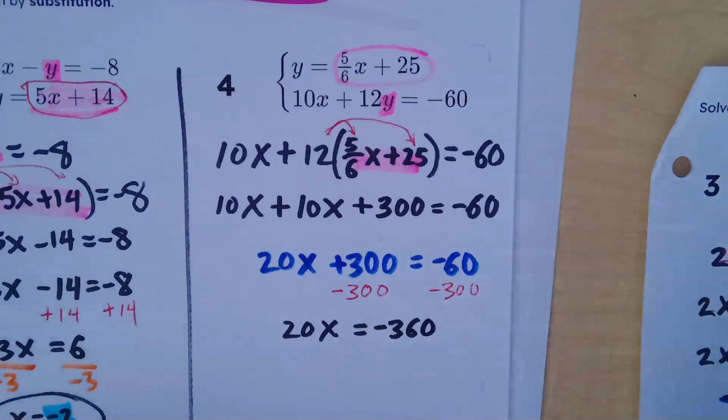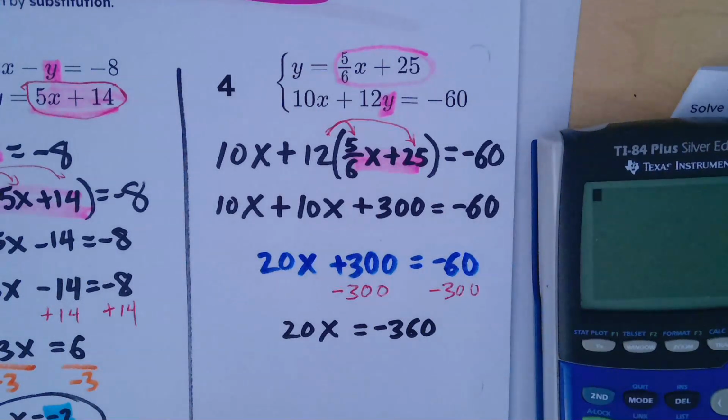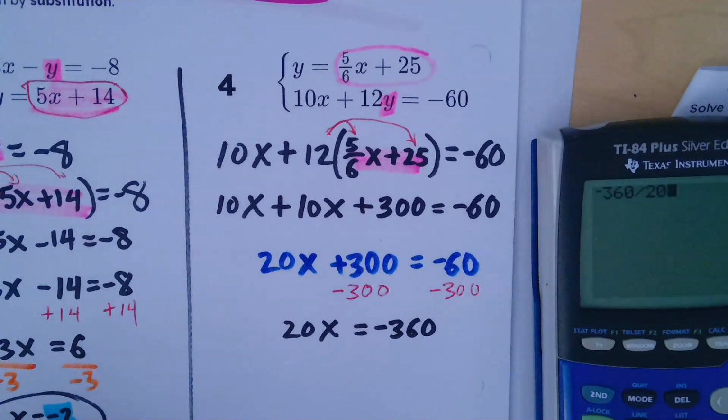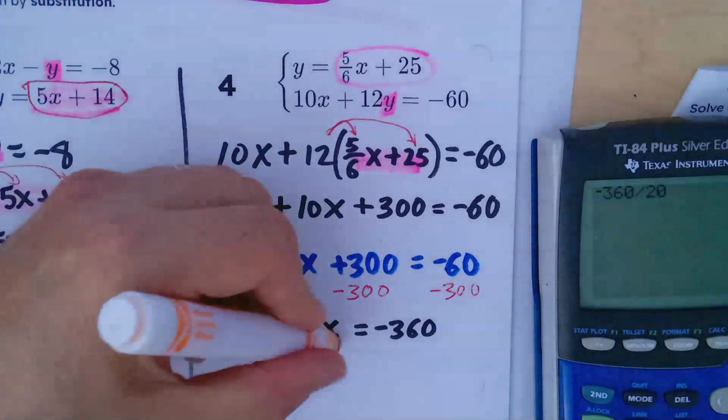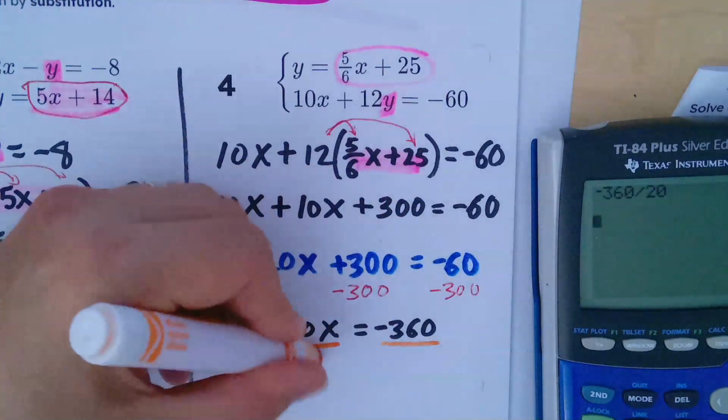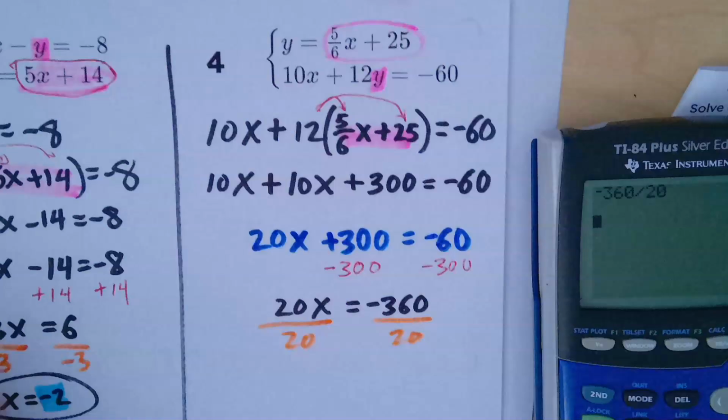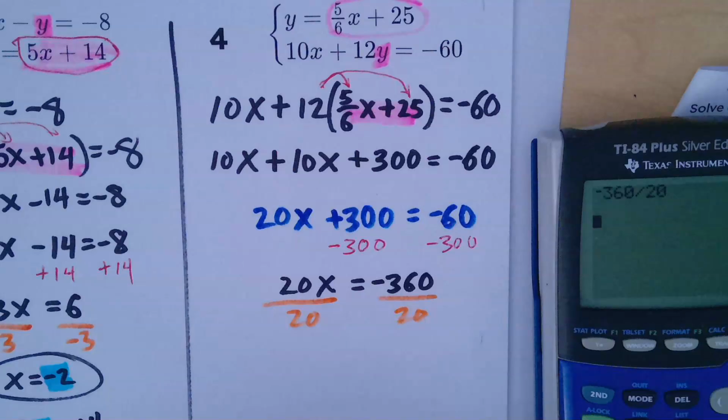And now I'm going to have negative 360 divided by 20 and then we get negative 18.